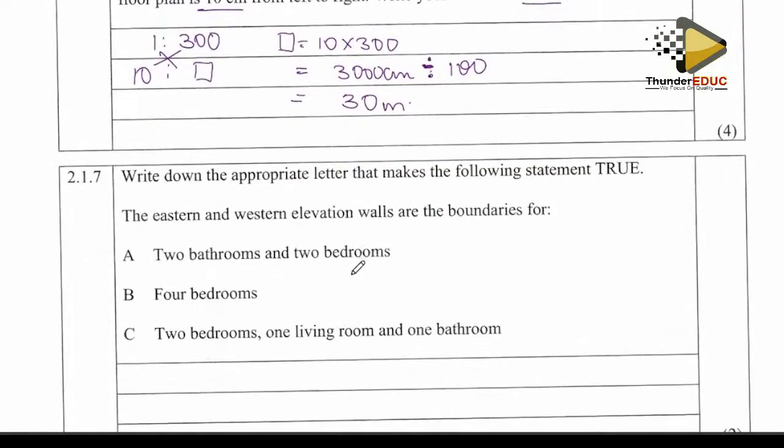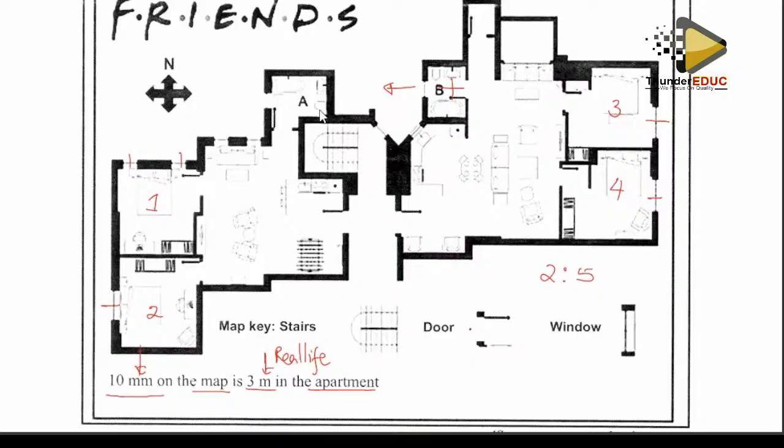2.1.7. Write down the appropriate letter that makes the following statement true. The eastern and the western elevation walls are the boundaries for, let's go and look at this. These walls here, because this side is the west, and the walls on the east, these ones. What are they bounding? The 4 bedrooms, because this is a bedroom, also bedroom.